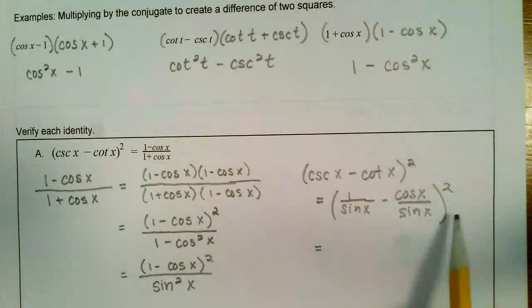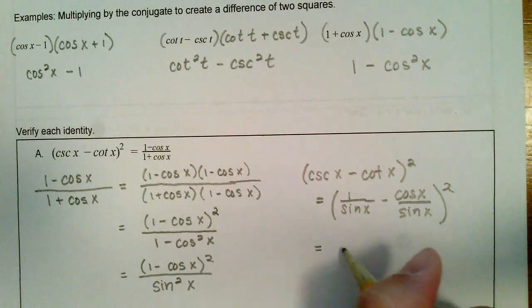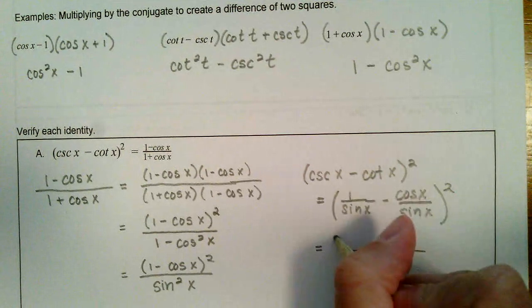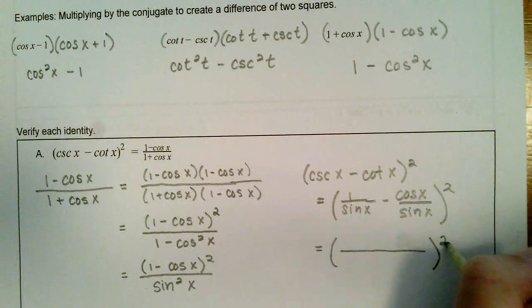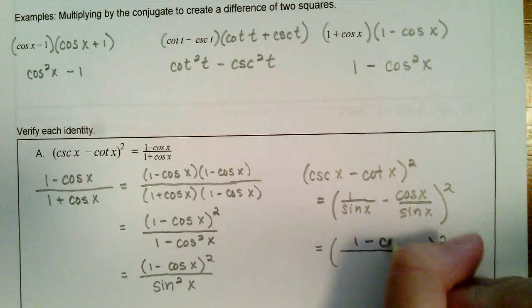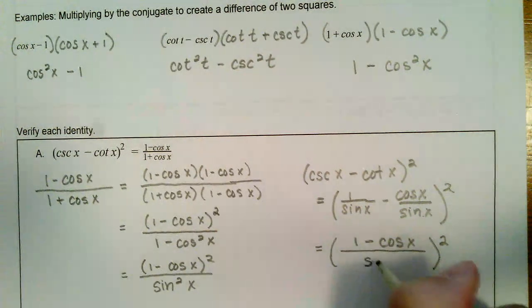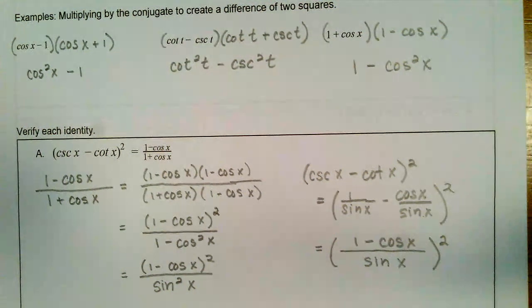And the reason I'm looking for this is I notice that I have a denominator here. So I am going to rewrite this. I still have this squared expression as 1 minus cosine x, and that's all over the same denominator, sine x.